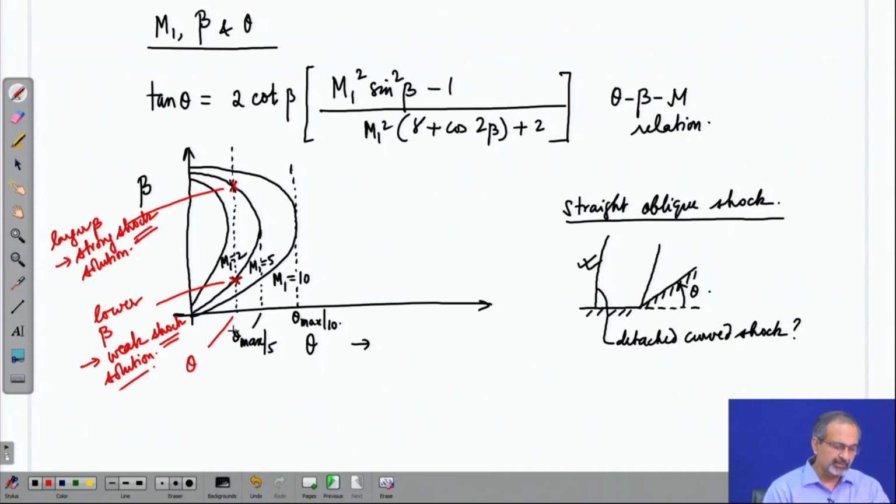When would these situations arise at all? Well, these situations can arise based on what kind of pressure is maintained downstream of the shock. We call this the back pressure.